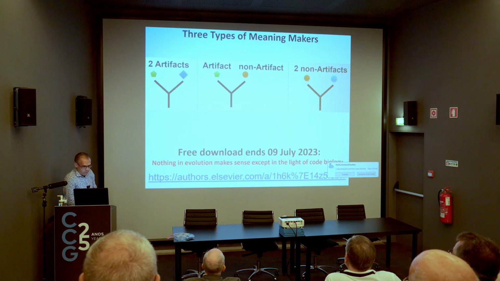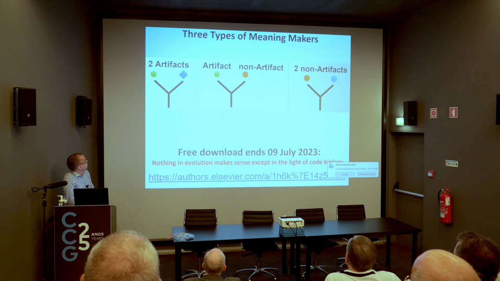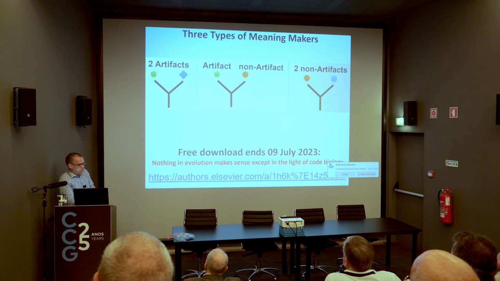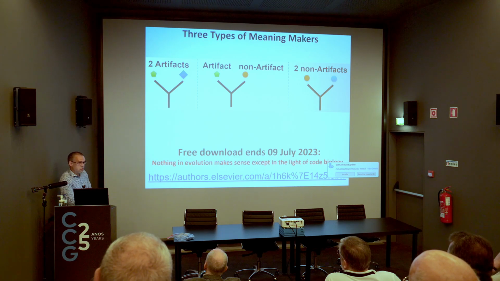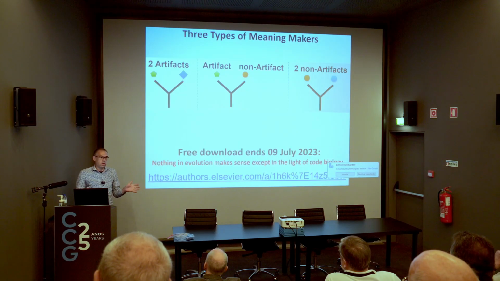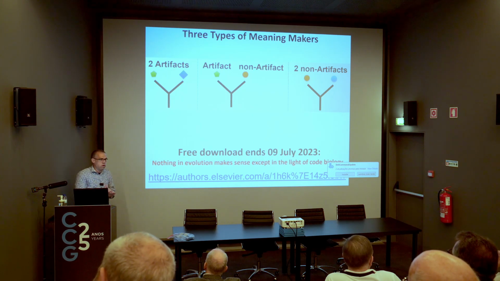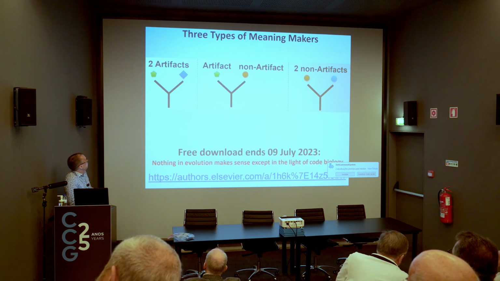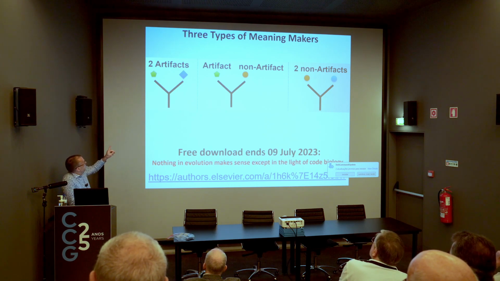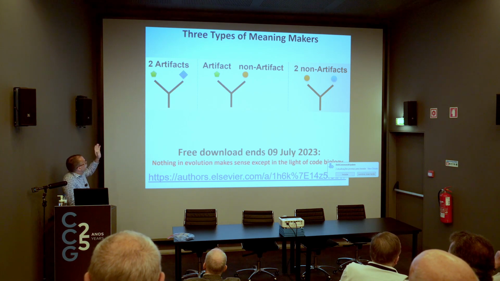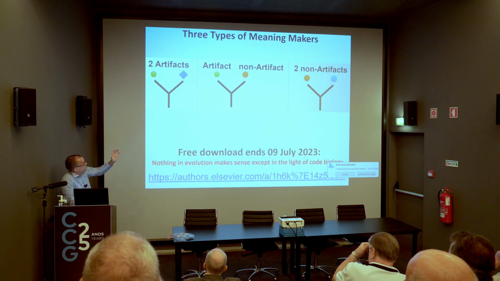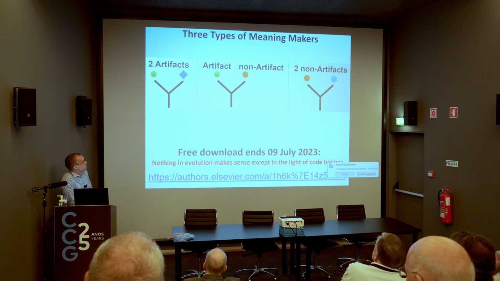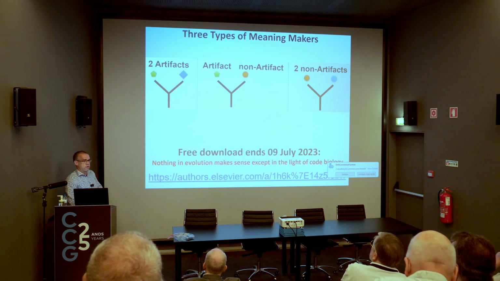In general, this is, I guess, not addressed by Marcello. There are artifacts that are part of codes, but there are non-artifacts, like calcium in the signaling codes. Calcium is a biological molecule. It's abiotic, it's a chemical, but it can be part of a code. So you have to distinguish. There may be codes that rely on a mapping between two artifacts, a mapping between an artifact and a non-artifact, and maybe a mapping between two non-artifacts.